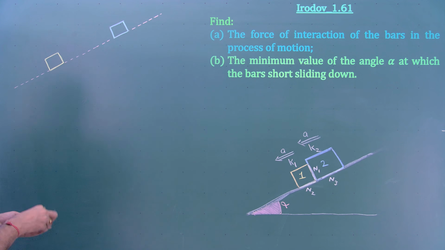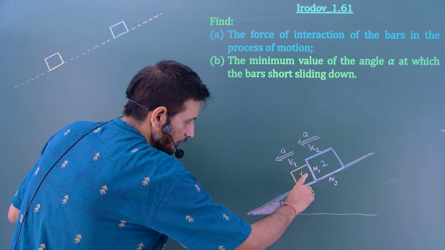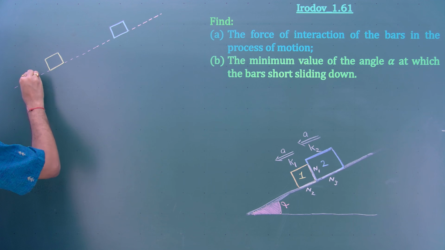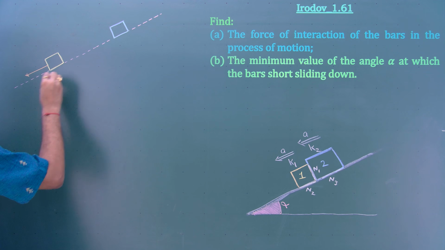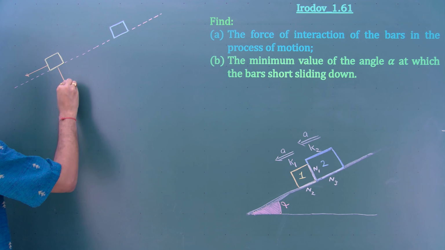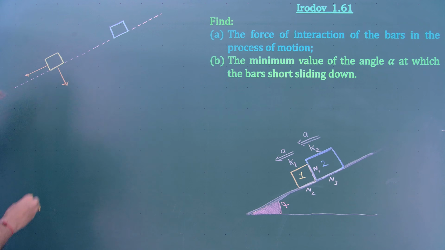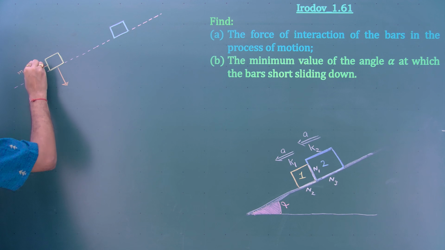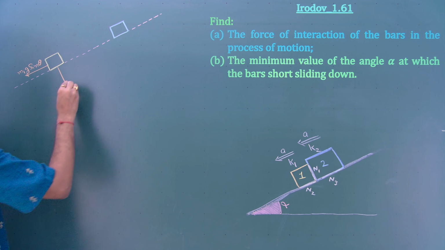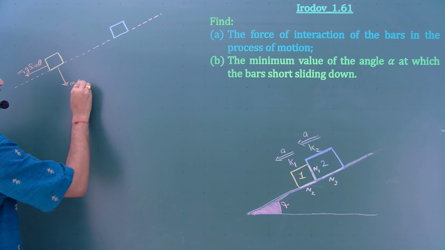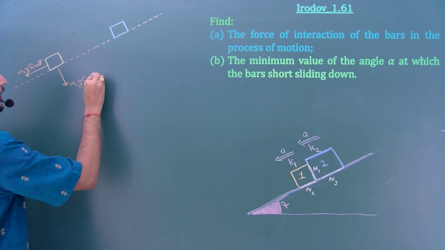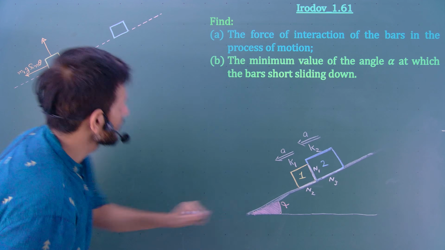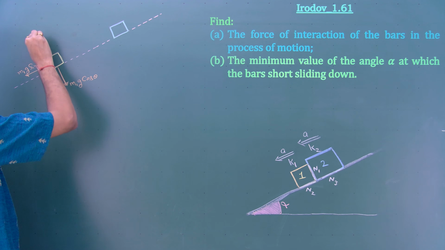mg will act in the vertically downward direction, but it has two components, one in the direction parallel to the plane and one in the direction perpendicular to the plane. The parallel component is mg sin theta and the perpendicular component is mg cos theta. There is a normal by the inclined plane which is equal to N2.